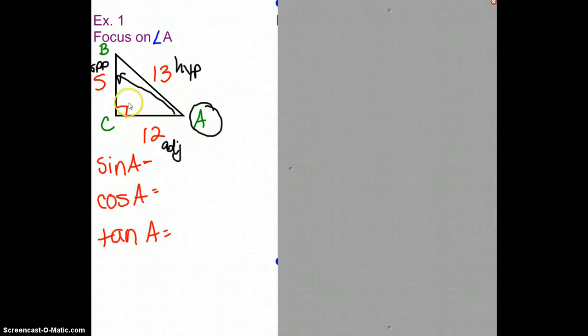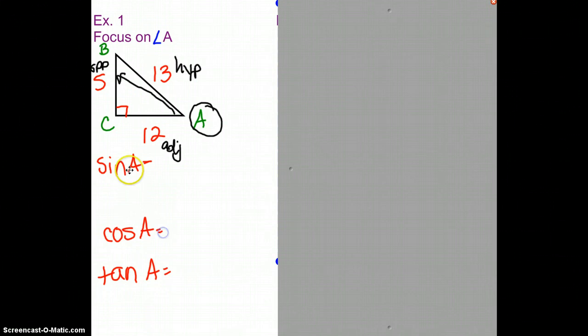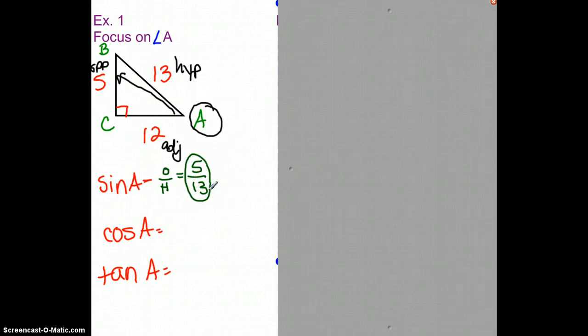So when I actually go through to solve these, let me just move these down a little bit. To do the sine of A, I have to do opposite over hypotenuse. So opposite would be 5. Hypotenuse would be 13. Now I can't reduce that, so that's my final answer. That's my ratio.